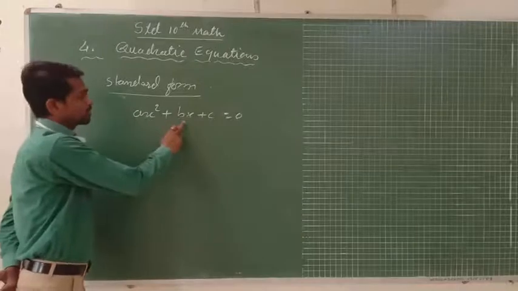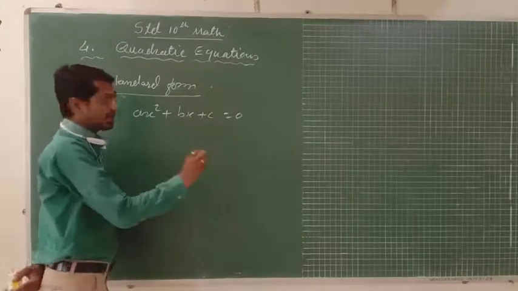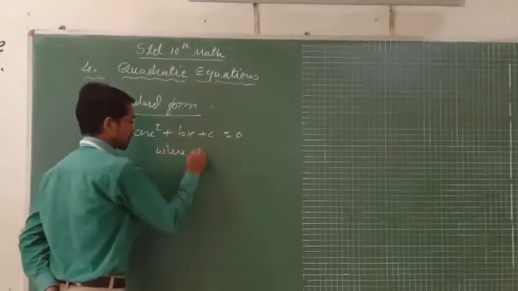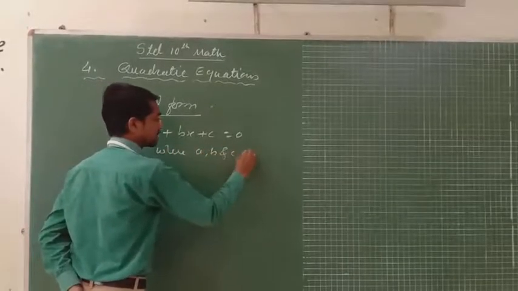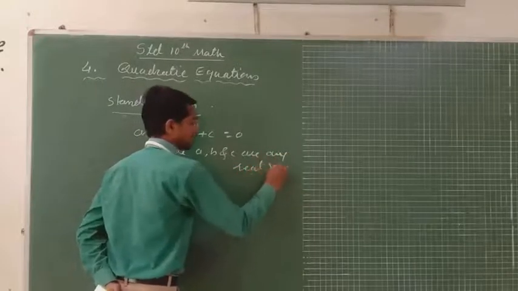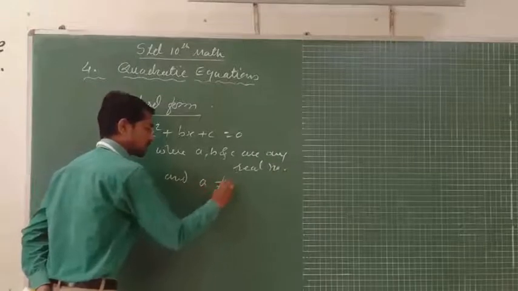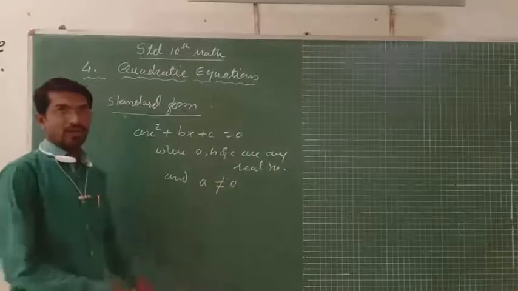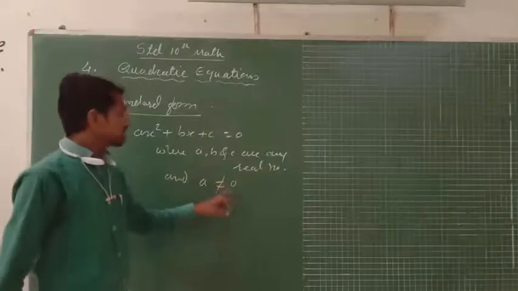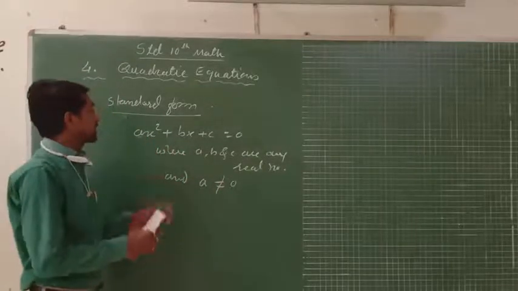Here a, b and c are any real numbers where a is not equal to 0. These are the conditions applied in this equation.